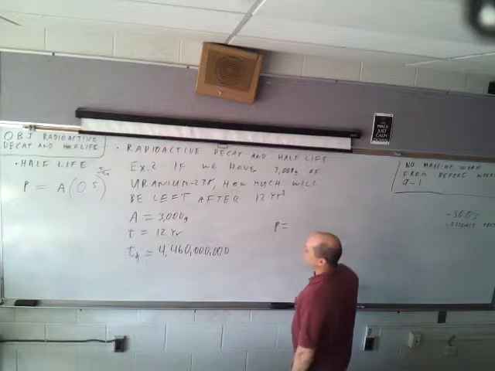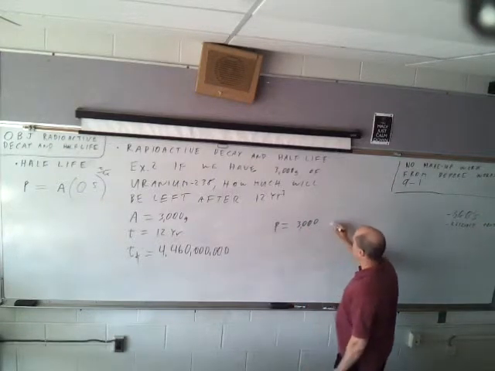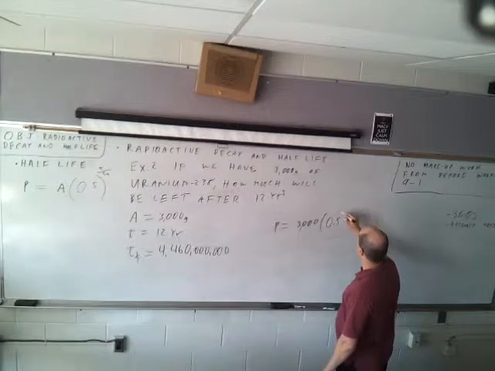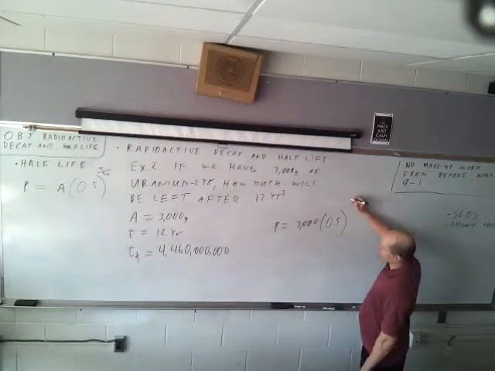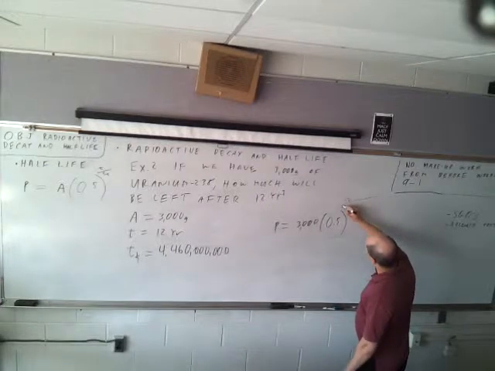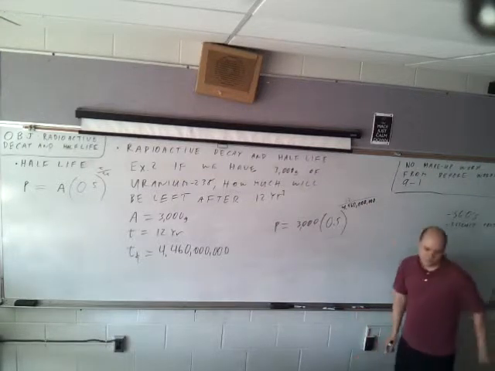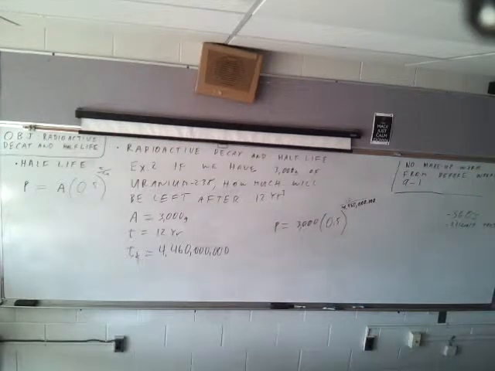P equals 3,000 times 0.5 to the power of 12 divided by 4 billion 460 million. So your exponent's going to be almost 0.